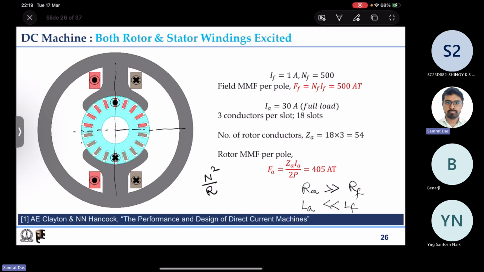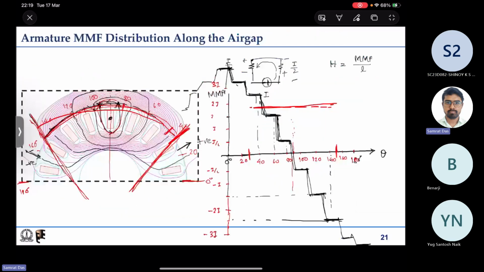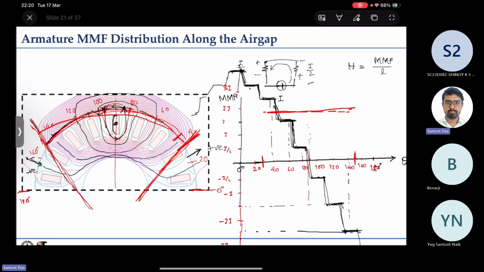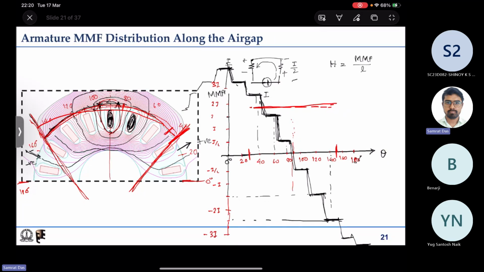Sir, regarding that MMF part which you have plotted, here we are taking Ampere's law, right, sir? So with respect to each slot, we are taking the current, right? Correct. We are assuming that the current I flows through all the slots, and there is only one turn, only one conductor.